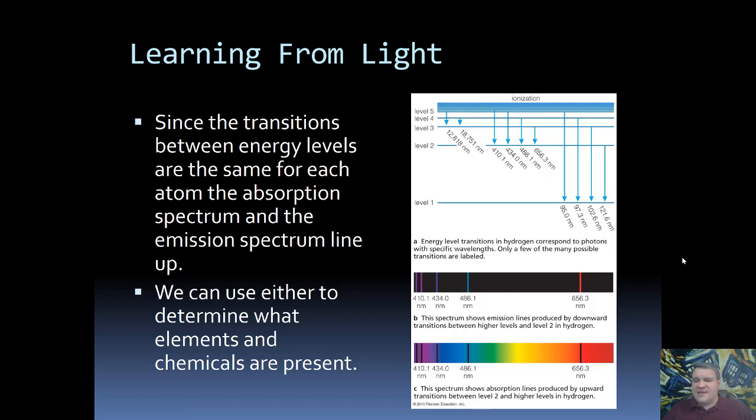What this means is that from either the emission or the absorption spectrum, you can look at the pattern to determine what elements are actually there. For the emission spectrum, we look at what bright lines occur and find the pattern, and that tells us the element. For an absorption spectrum, we look at what lines are missing and look at the pattern of missing lines, and that tells us what elements are there.